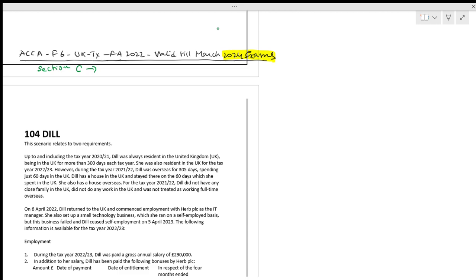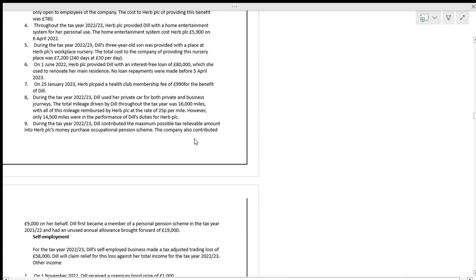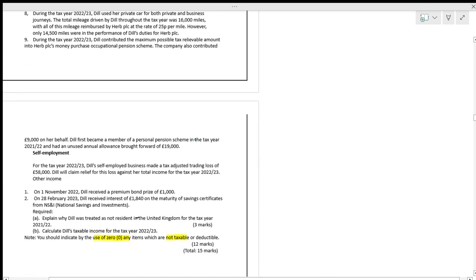The rule says that there are going to be 2 requirements. As usual, we have to read the requirements first. What is required from the question? That's very important. The requirement says: explain why Dill was not resident in the United Kingdom. They say very clearly, because the moment you read the question, we know what they are expecting.